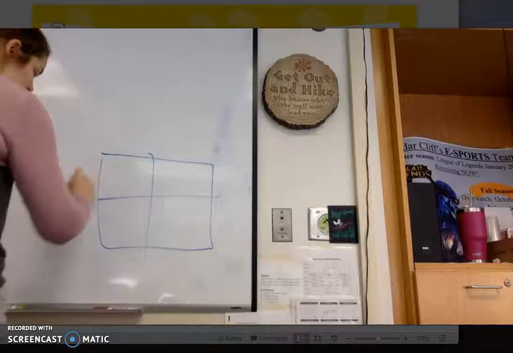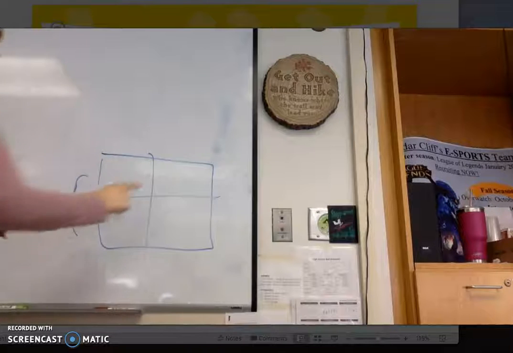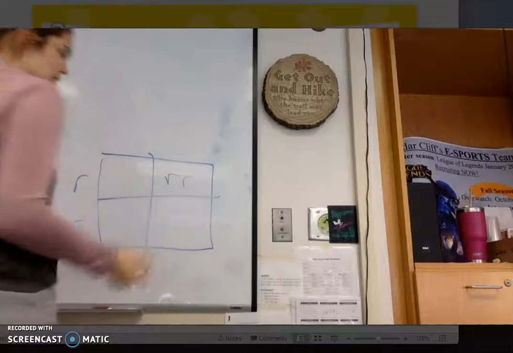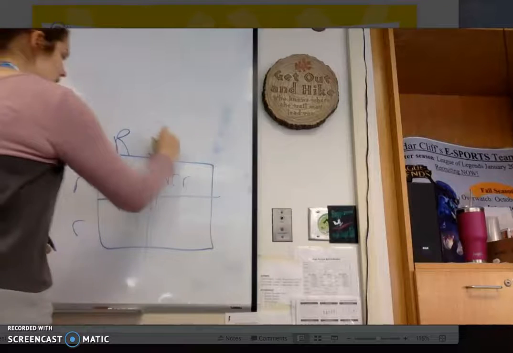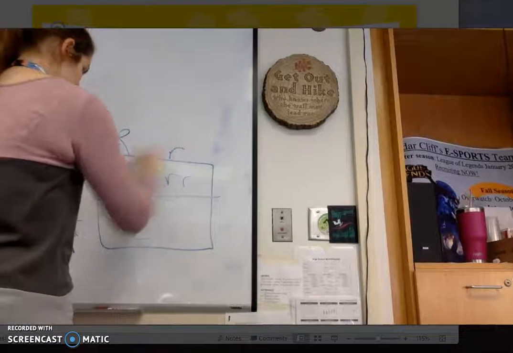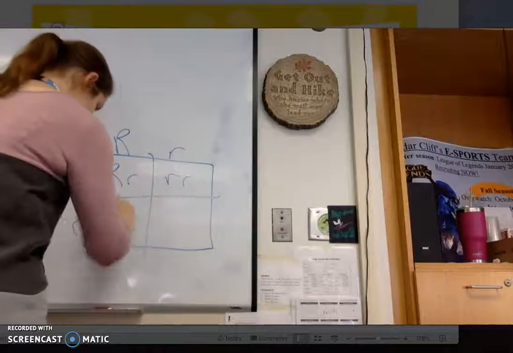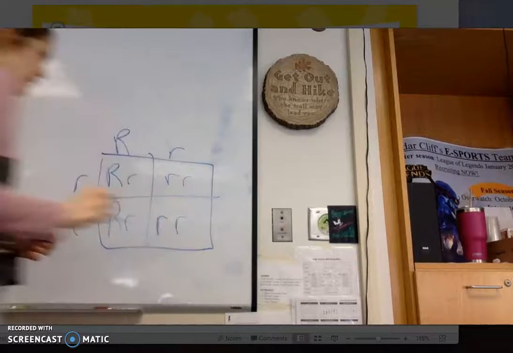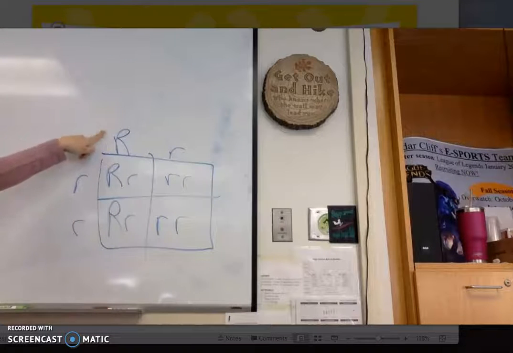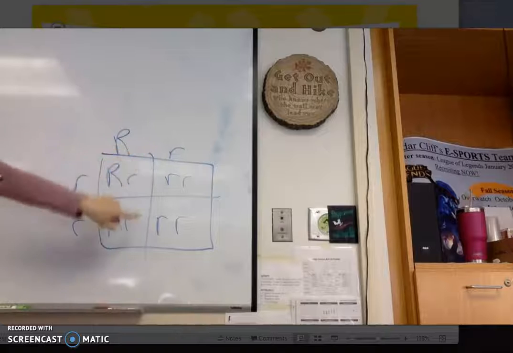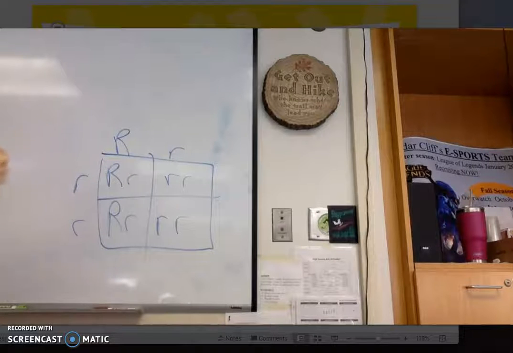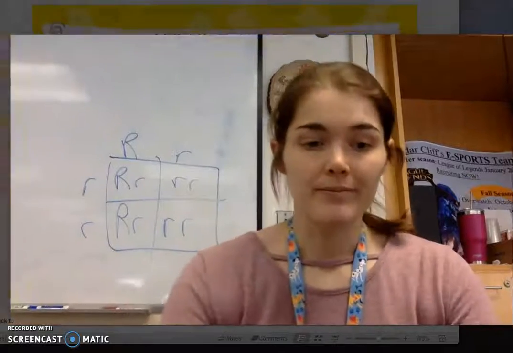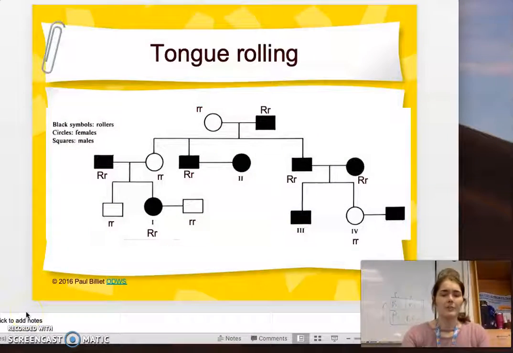If one parent is little r, and we need to have a kid who is little r, we can estimate that this parent has to be heterozygous. They have to have 1 of each because they need to give 2 little r's to that kid so that the kid cannot roll their tongue. I can't roll my tongue. I've always wanted to. So we can guesstimate these genotypes.